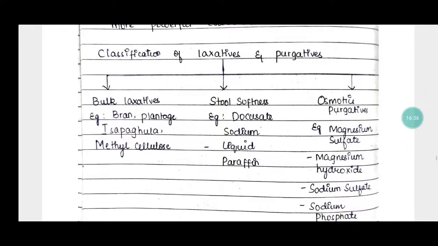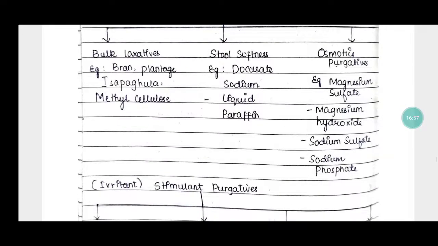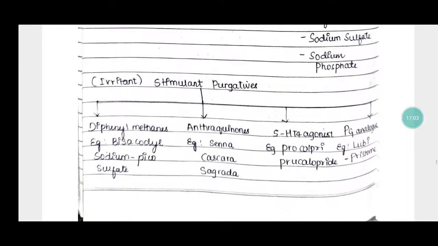So the classification of laxatives and purgatives is: number 1, bulk laxatives, for example bran, plantago, isabgula and methyl cellulose. Number 2, stool softeners, for example docusate sodium and liquid paraffin. Number 3, osmotic purgatives, for example magnesium sulfate, magnesium hydroxide, sodium sulfate and sodium phosphate.